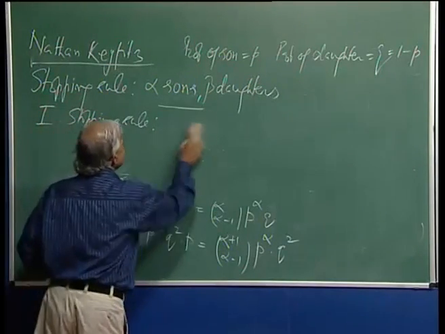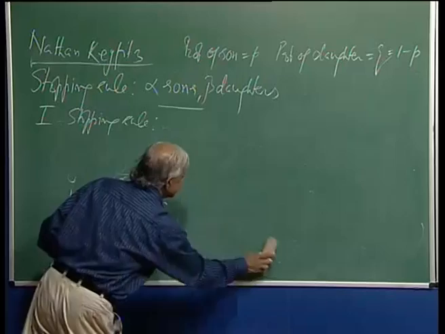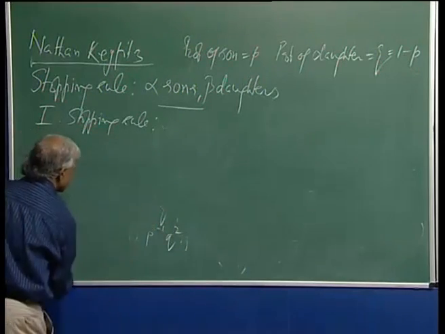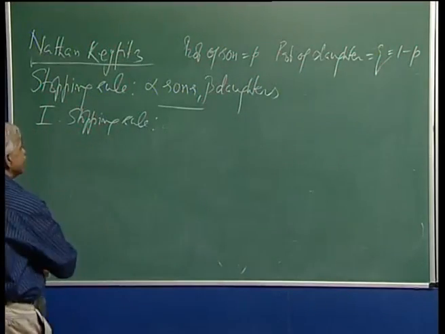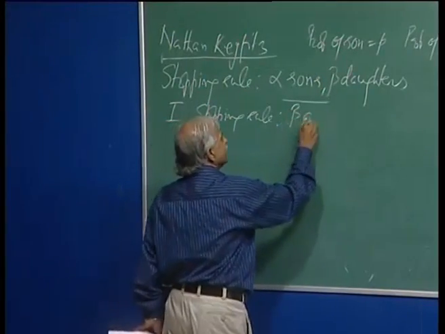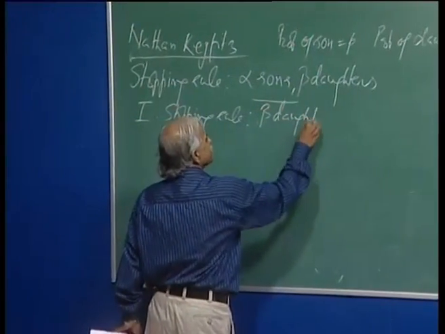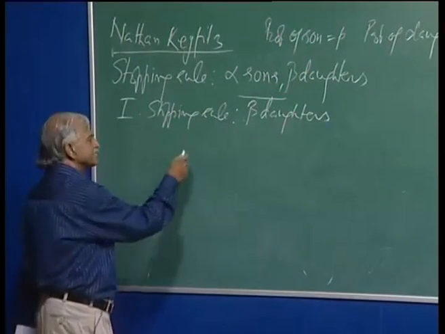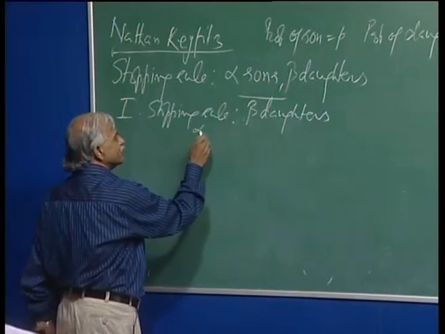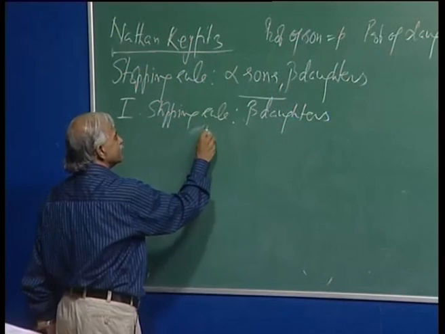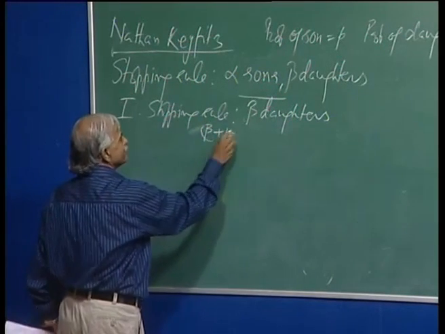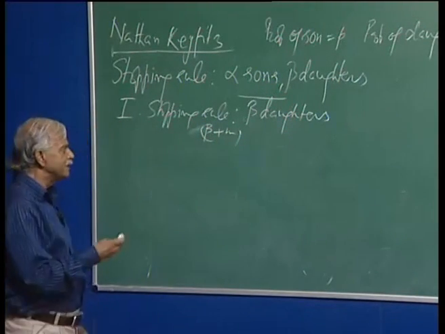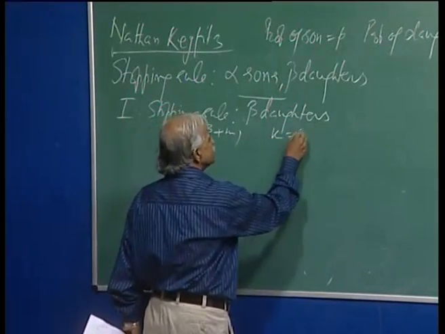Similarly, if the stopping rule is beta daughters, nobody wants a son, everybody wants a daughter, and the minimum number of daughters is beta, then again you can imagine that people are going to stop only after beta plus k. K may be 0.